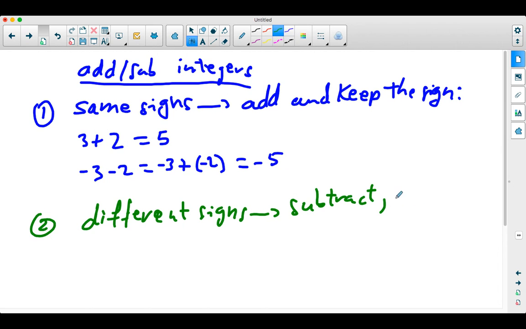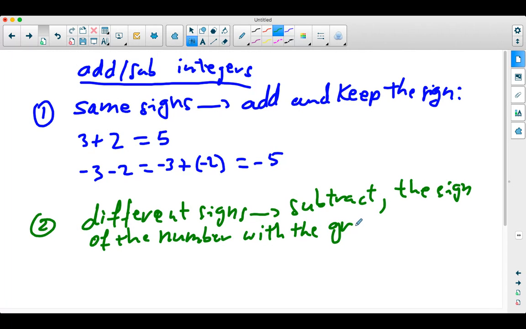So in mathematical terms, we are going to say the sign of the number with the greatest absolute value wins.